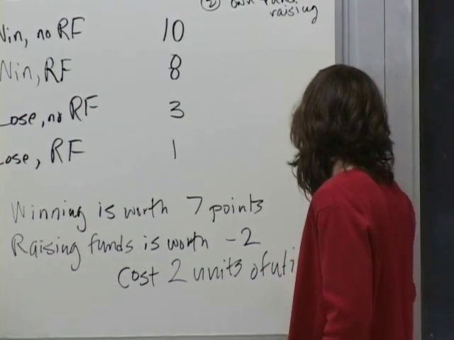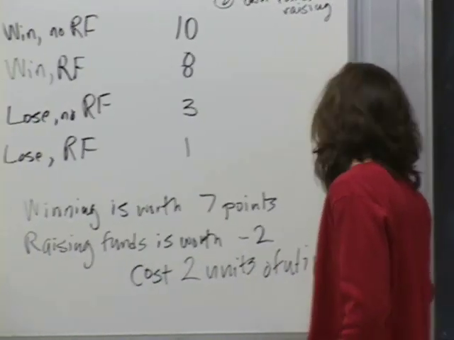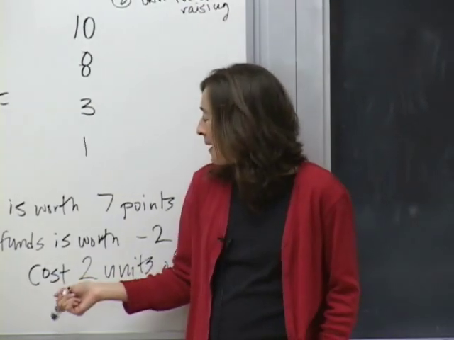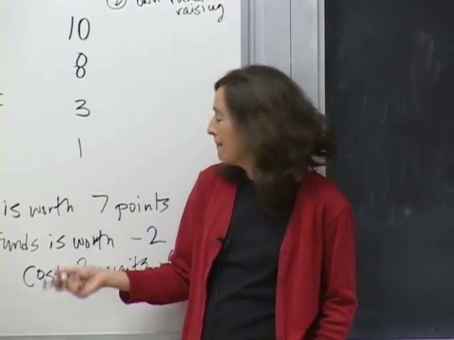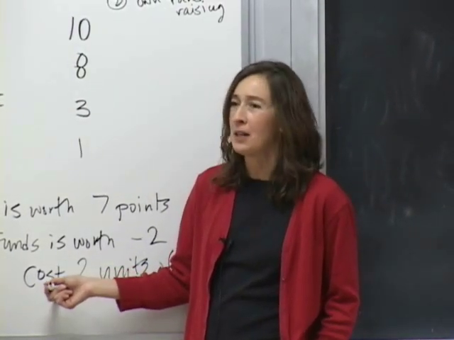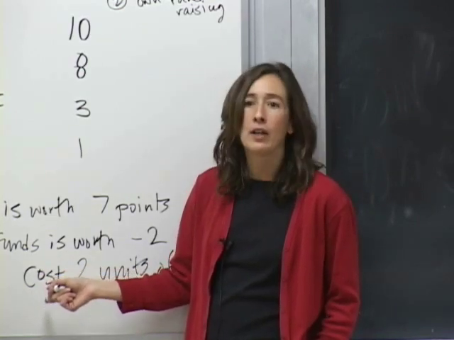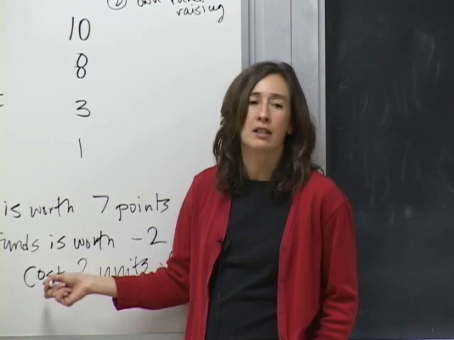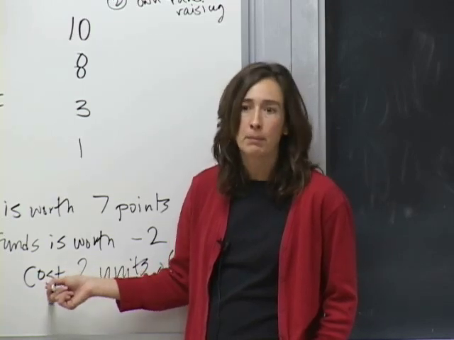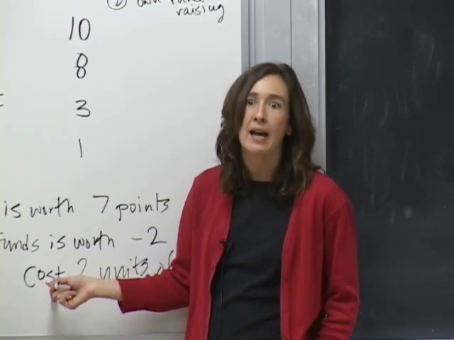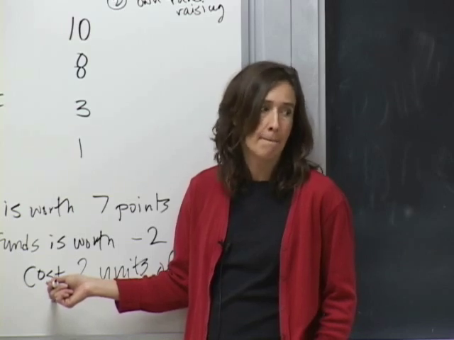Okay. It might seem obvious, but every year people get confused with dealing with aspects of choices that cost the players some utility. If it costs the players some utility, it means you subtract that amount of utility. Okay?